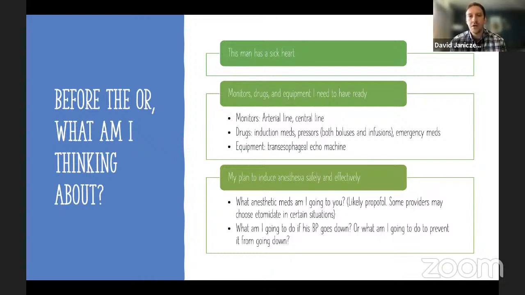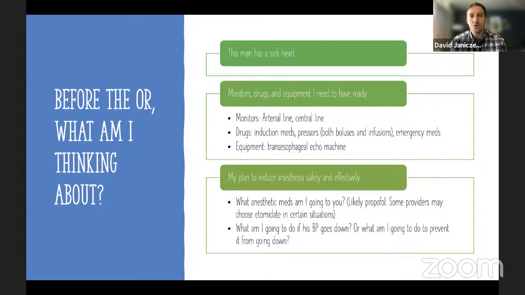Then I started thinking about my plan. How am I going to get this gentleman asleep? Most people will say you can still use propofol, which is the workhorse of anesthesia to get people asleep. You could also choose a medicine called etomidate. If the patient had a sicker heart, say their ejection fraction was 25%, I would maybe think about etomidate then.